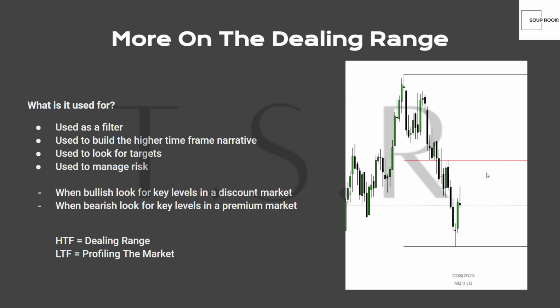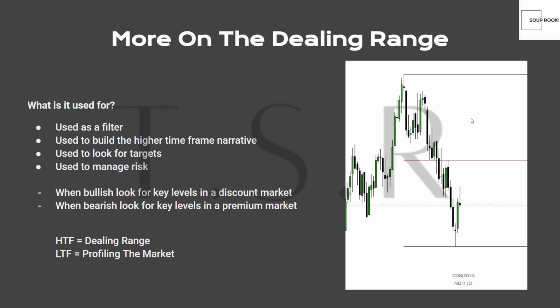Then we reassess price, we reanalyze price, and see if price wants to further target a key level in this premium market, or if it wants to break out of this midpoint level and head towards the opposing end. Regardless, you are playing the expansion leg on the lower time frame towards the midpoint of the range.